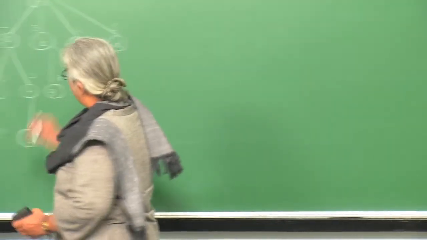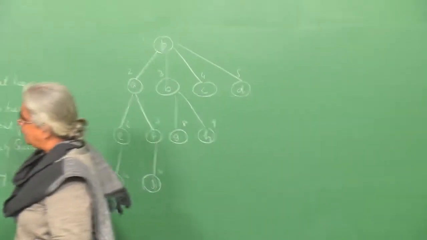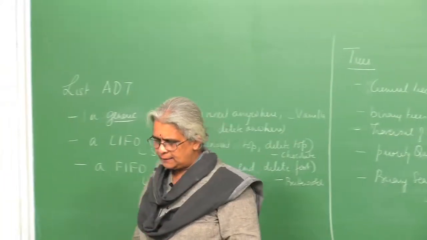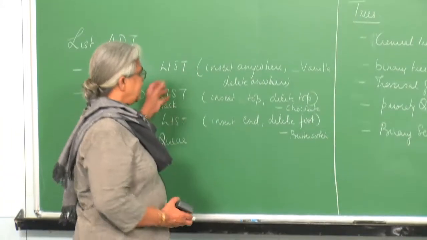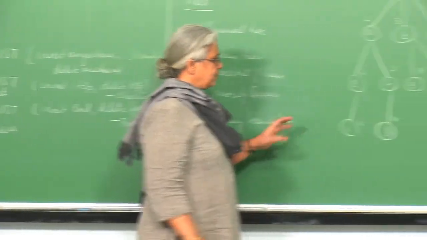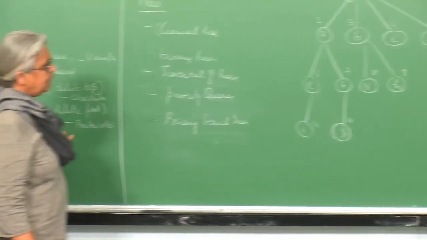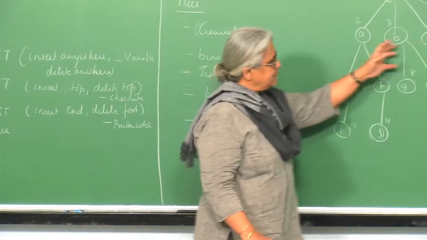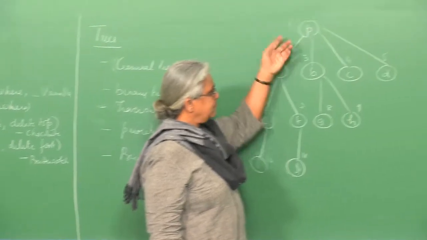The reason why I am talking about this is, when I am using a list to represent something like this, what kind of a list will I use? I will use a generic list, because when you look at siblings, for example, there is nothing like a priority of one sibling over the other; whoever came first you put them in.